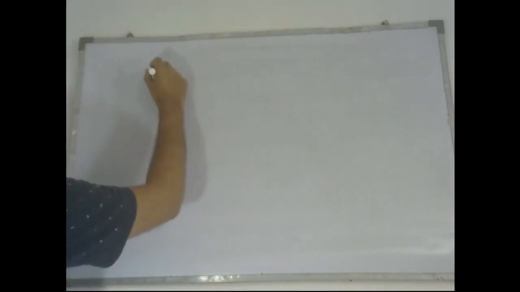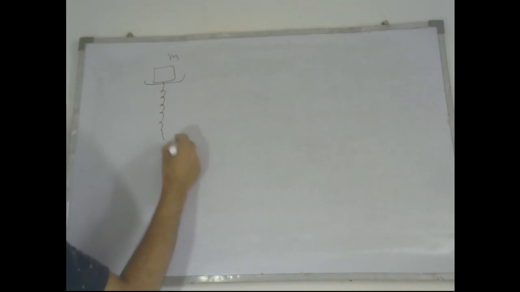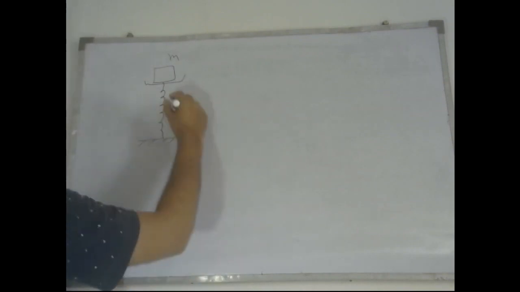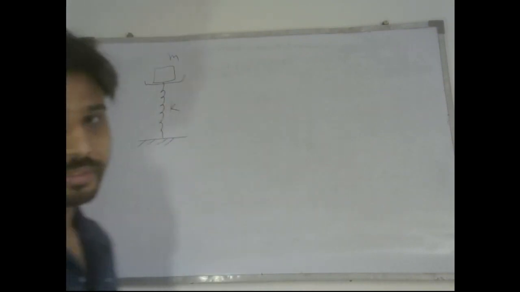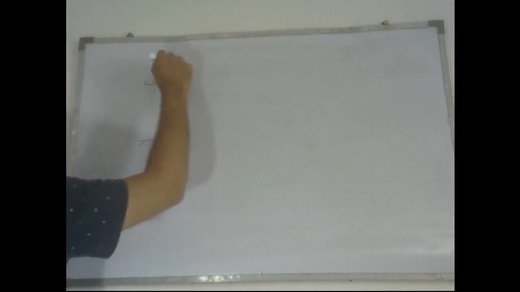So we have a mass m, it is kept in a pan. This is a pan in which the mass m is kept. It is balanced by a spring, so it is in equilibrium. It is not falling to the right or left, it is vertical. So this is the spring constant.